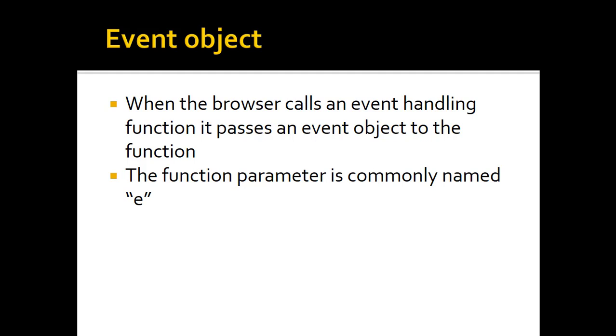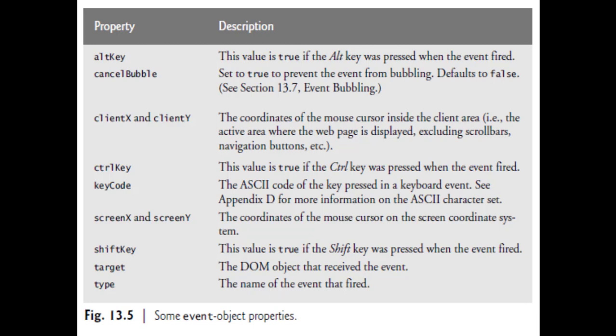Okay, the event object has got some properties. Each and every object has got some properties. This event object has these many properties. The first property is altKey. This property will be true if we press the Alt key on our keyboard. On the keyboard we can see the Alt key, Control keys, alphabet keys, Shift keys, like that.